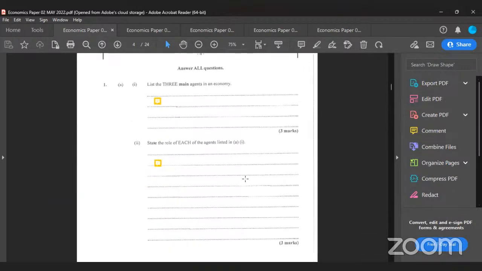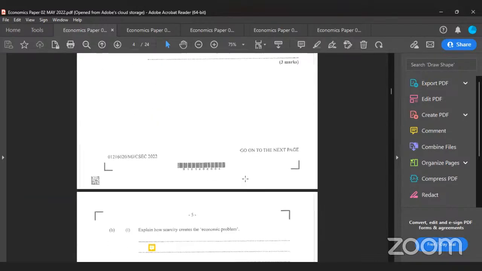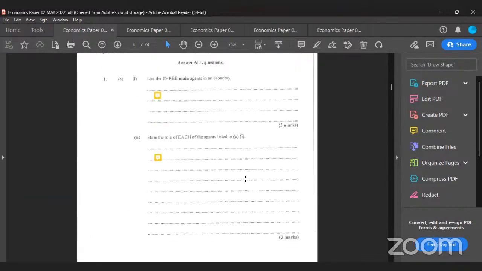We know that the household, for example, purchases goods and services from the firms. They also supply labor to the firms. The firms purchase labor from the household and supply goods and services to the household. And the government is responsible for the overall running of the economy. I know it's paper 1 that you guys have first, and that's generally been the case from when I was doing it.